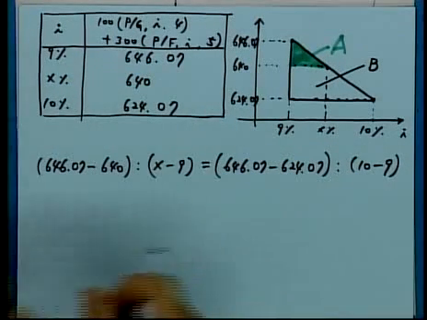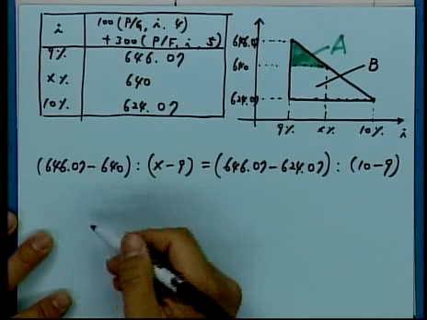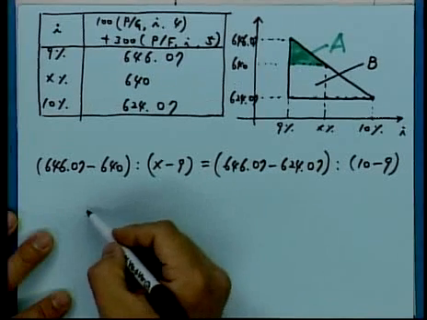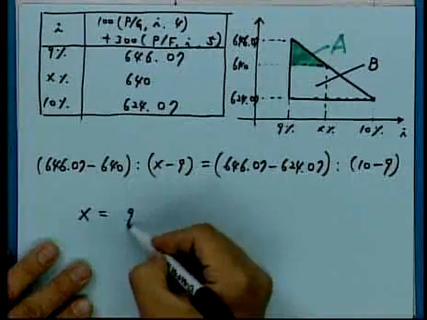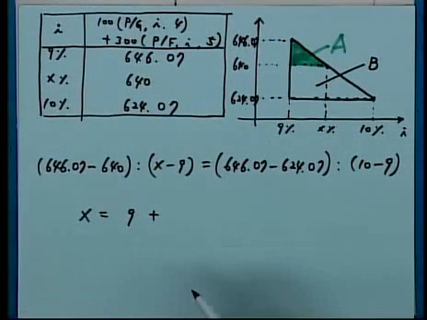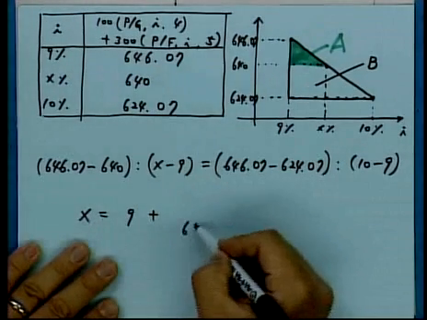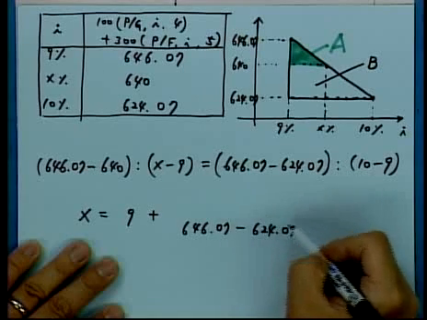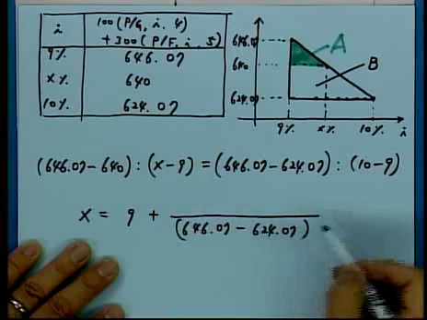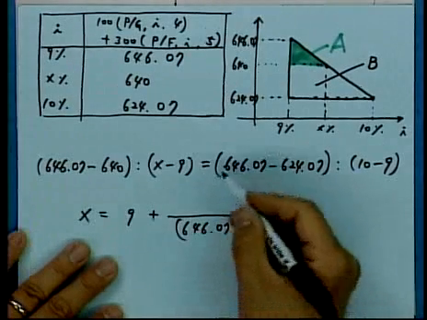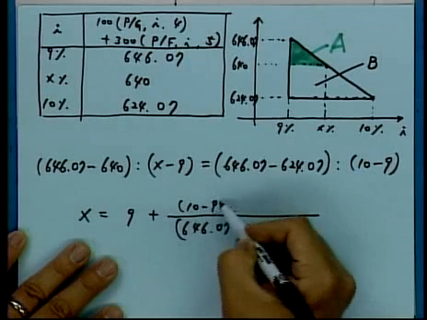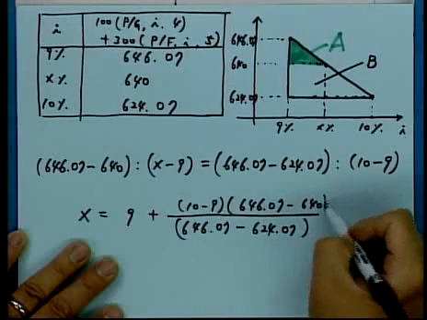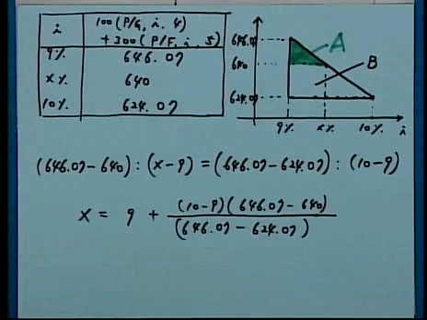So here what do we have? X equals 9 plus 10 minus 9 times 646.07 minus 640, over 646.07 minus 624.07, right? Okay?